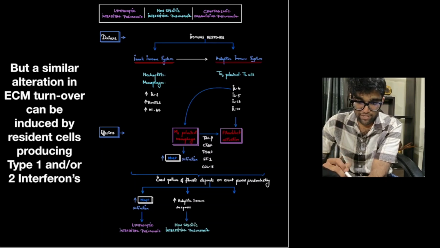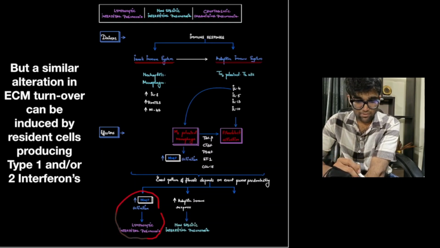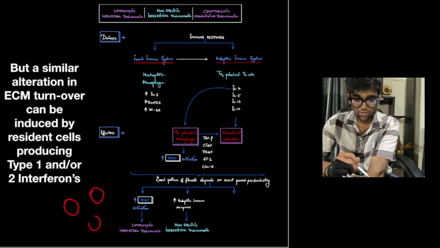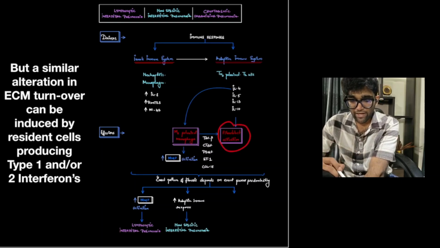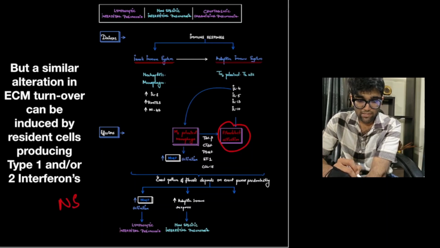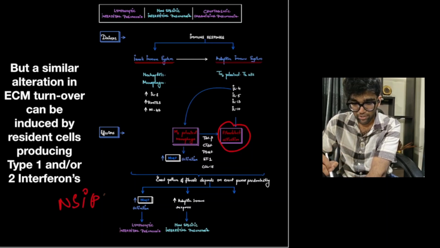If there is a very prominent production of matrix metalloproteinases, then you get a predominantly cystic process called lymphocytic interstitial pneumonia. On the other hand, if you have a lot of fibrosis, that is fibroblast activation, then you get what we term non-specific interstitial pneumonia, which is a fibrotic ILD.